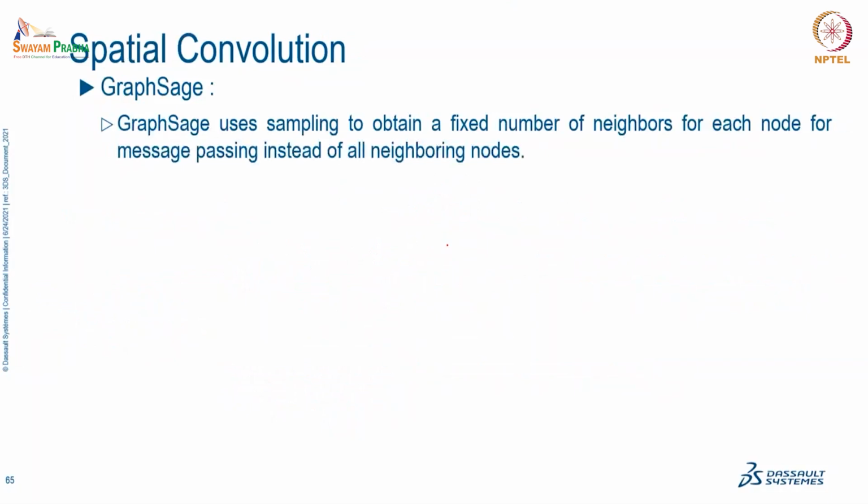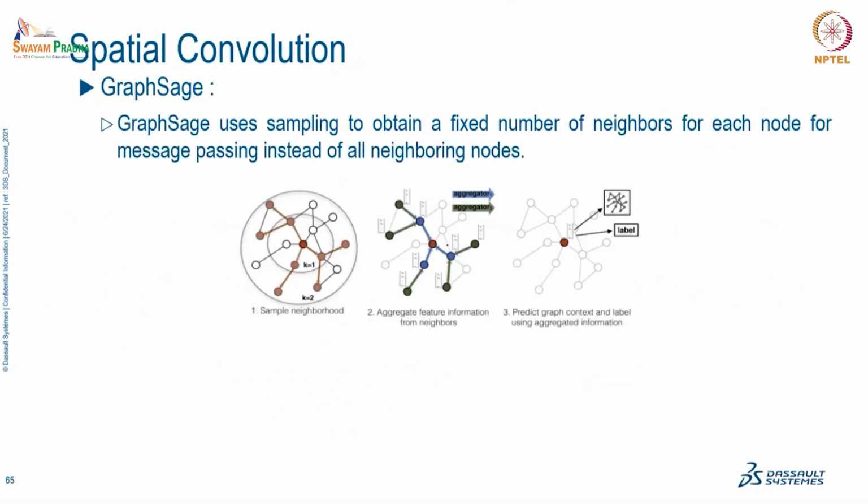Now moving on to spatial convolution. GraphSAGE is one of the most used algorithms or architectures. Here we take a fixed size depth of the neighbors, and we aggregate the information of only that.